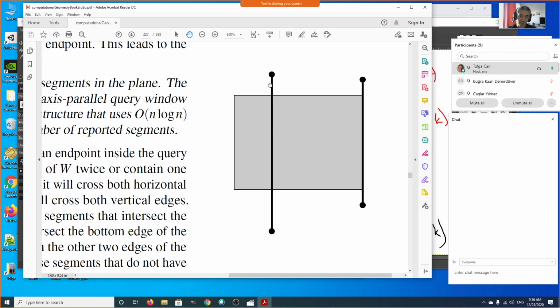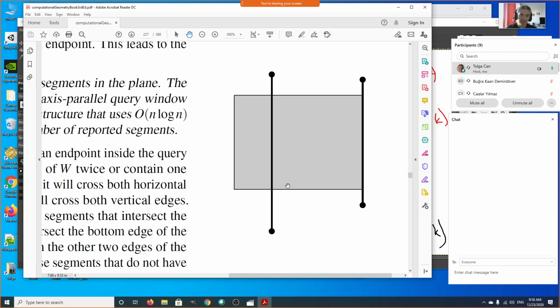I mean, if it just intersects the top boundary, then one of the endpoints has to be inside the query window, whether it's partially overlapping or not. So if no endpoint is inside, and if this is a line segment that is to be reported, then the first observation we see is that it has to cross both the top and bottom boundary if this is a vertical line.